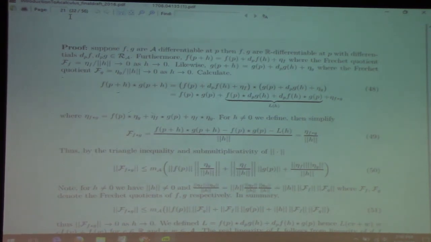You notice the advantage of the argument in the notes is it doesn't assume any of this Rn stuff I'm doing. It's basis independent, this argument. That's the advantage of it.